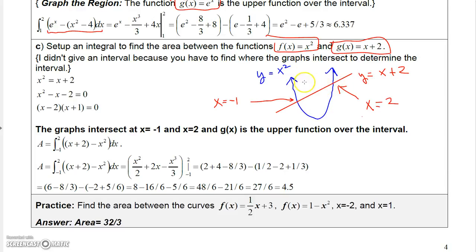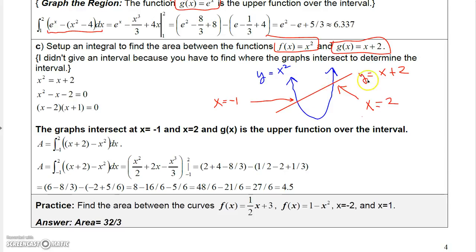If it says find the area trapped between these two functions, that would be this area in here. If I go from this point to this point on the x-axis, I know that the red function, the line, is always on top. So that's not a big deal.